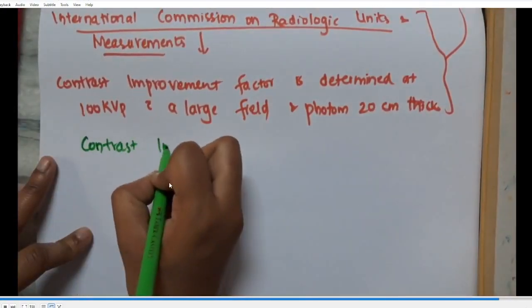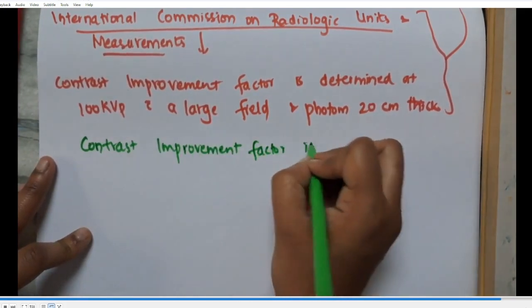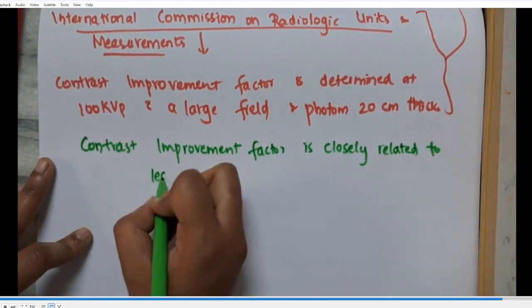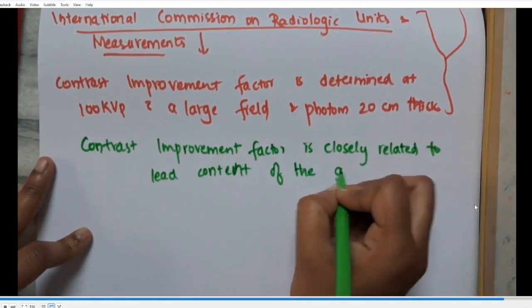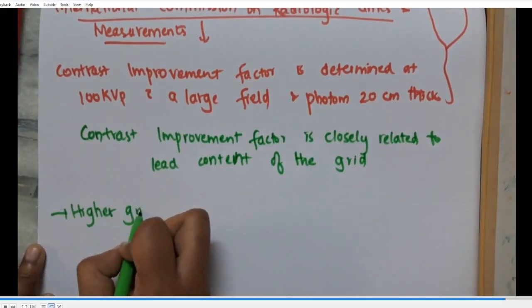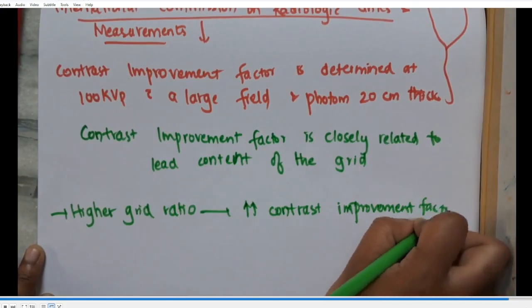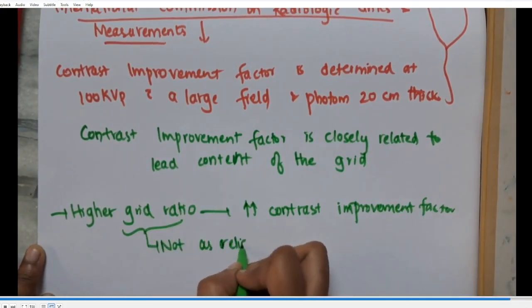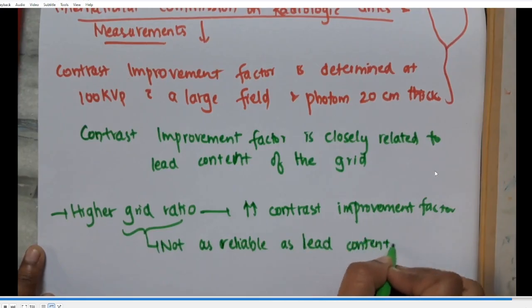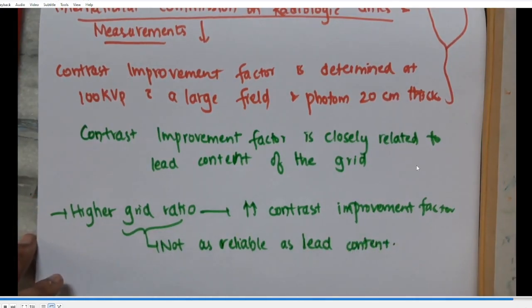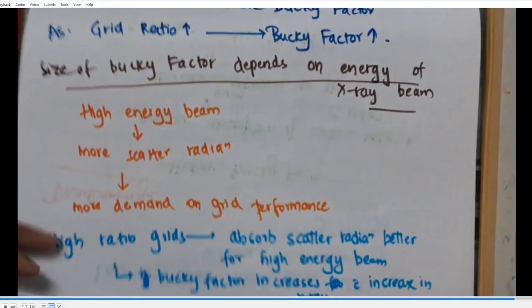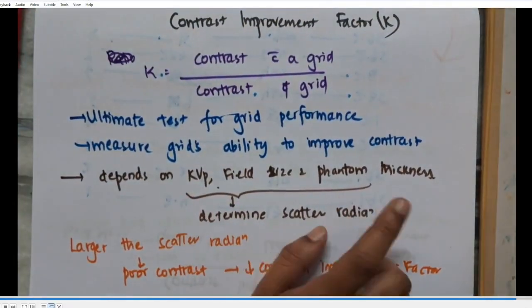So the contrast improvement factor is closely related to the lead content of the grid. Generally, the higher the grid ratio, the higher is the contrast improvement factor. But the grid ratio is not as reliable an indicator as lead content. So lead content is a more reliable indicator than the grid ratio.